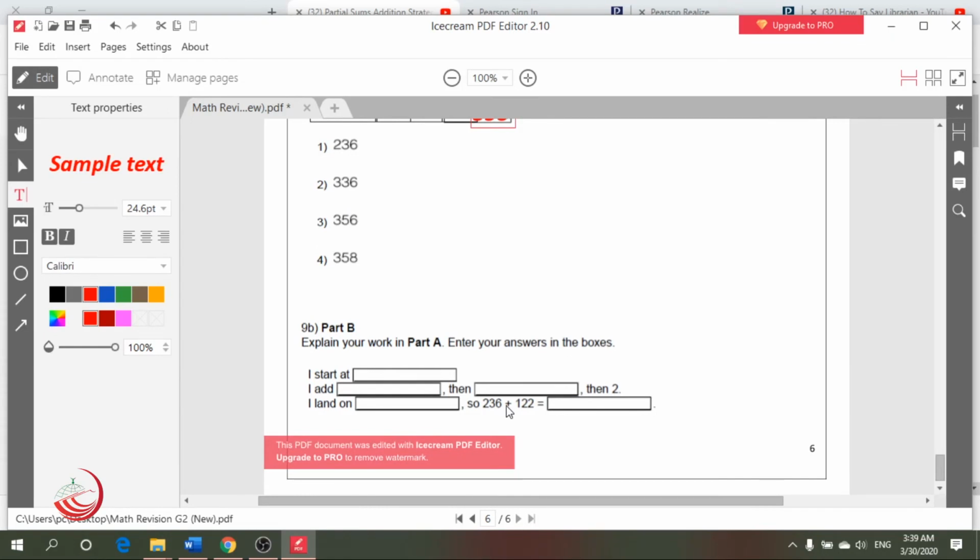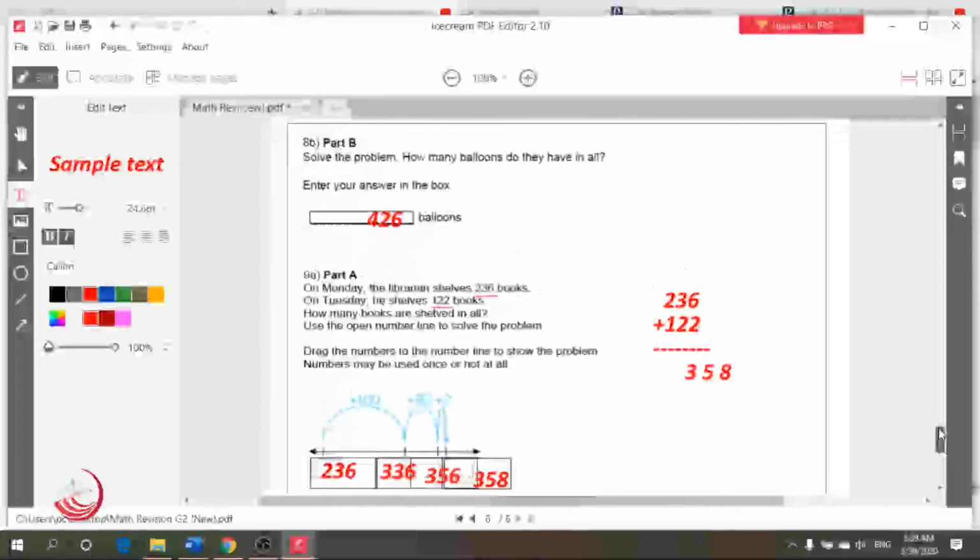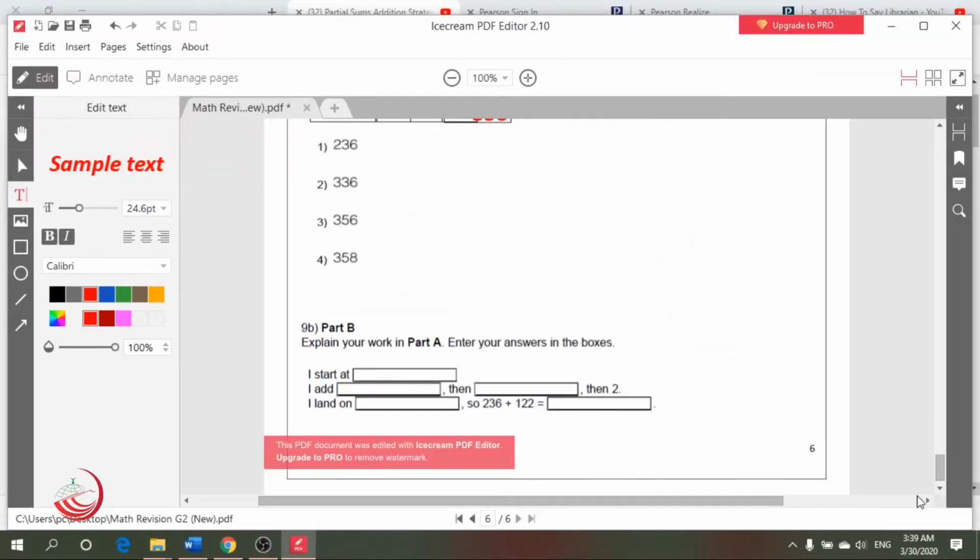So let's go to the last question, part B. Explain your part A, enter your answers in the book. Which number did I start at? It is 236. So here I will write 236. How much did I add?